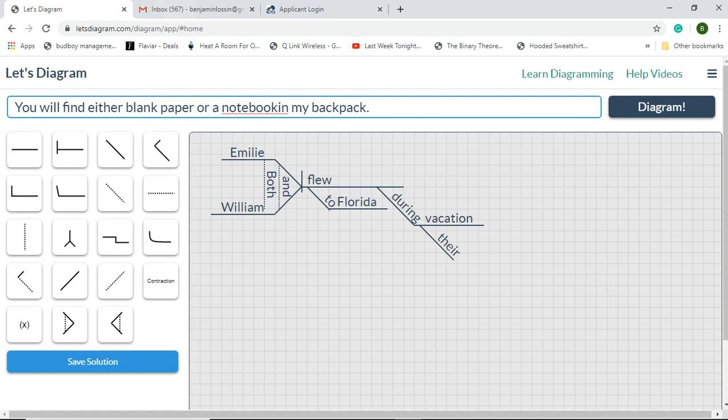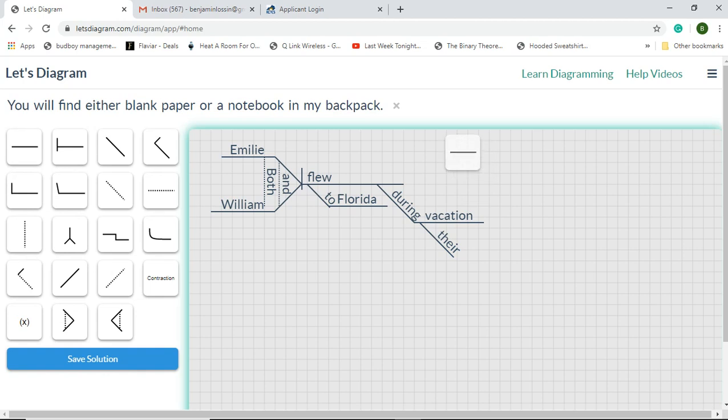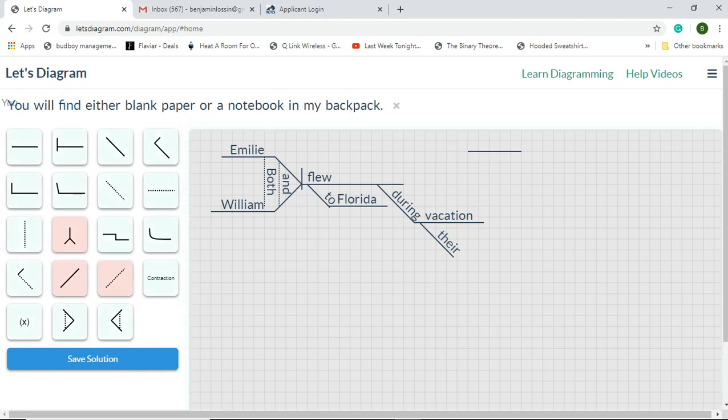You will find blank paper or a notebook in my backpack. That's the diagram. So, you'll find the subject of the sentence. The subject of the sentence is you.